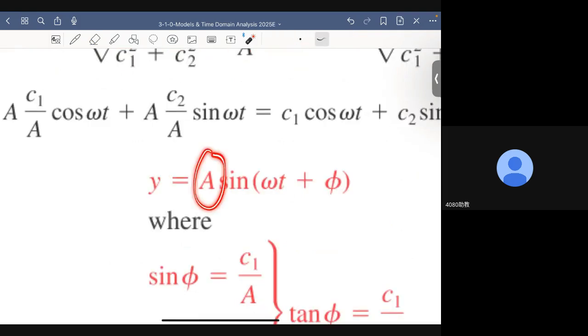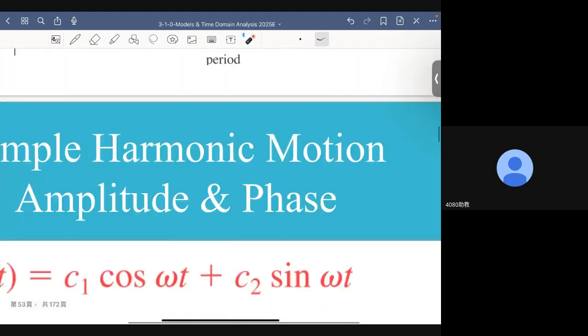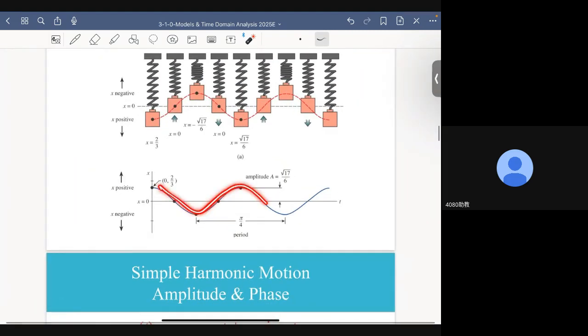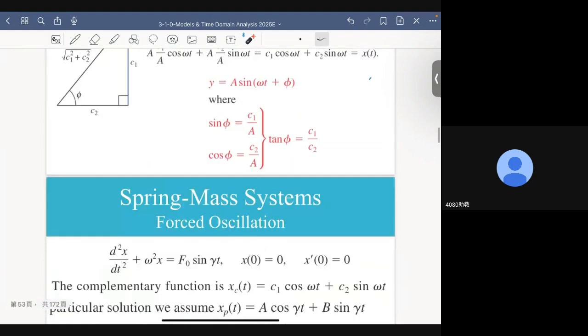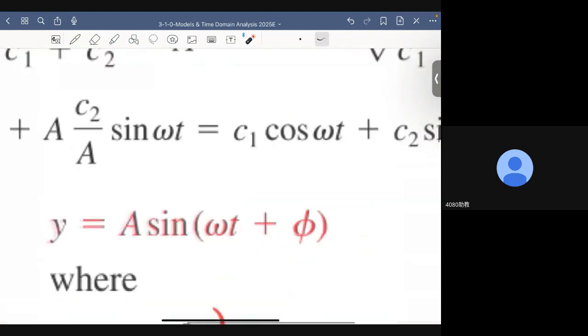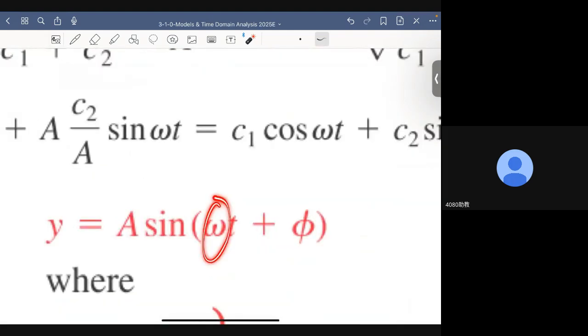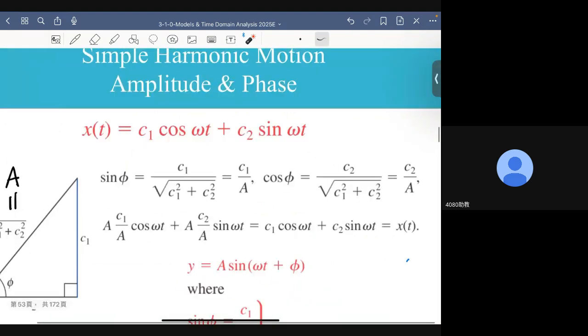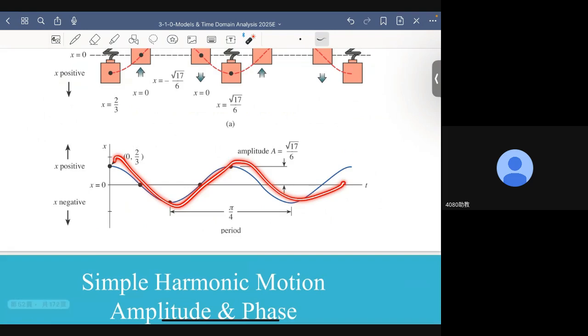One is amplitude, all right? You know the amplitude of the motion. The other is, of course, frequency. You know how fast or how slow the oscillation is. And the third, the phase of the harmonic motion, okay?